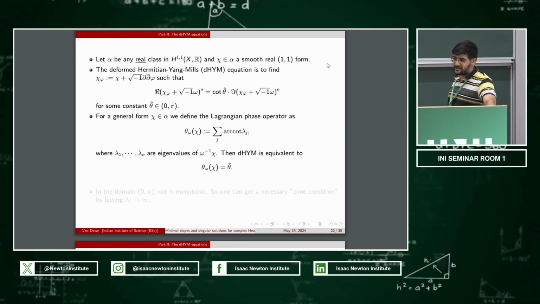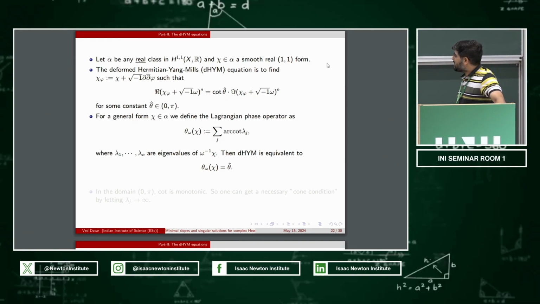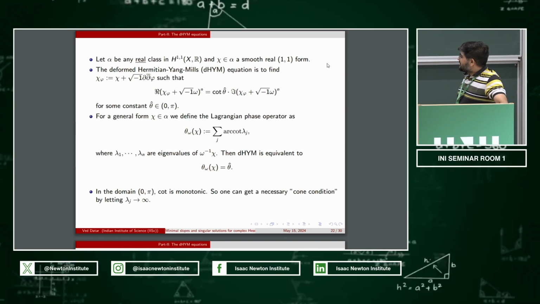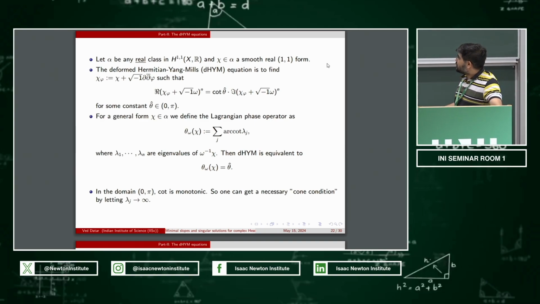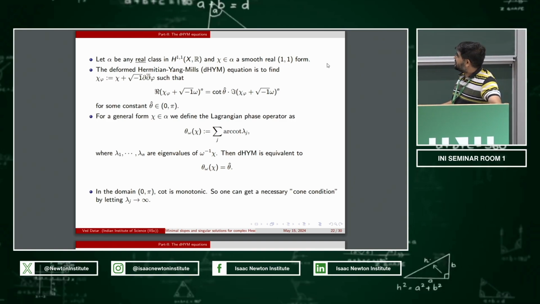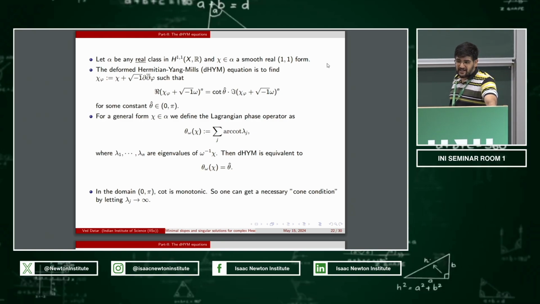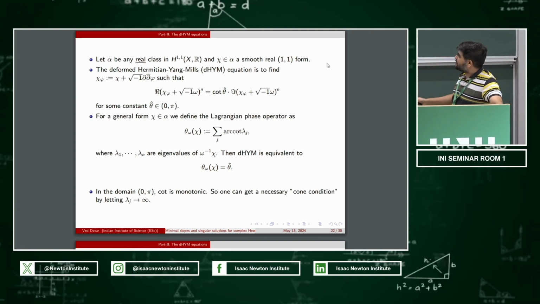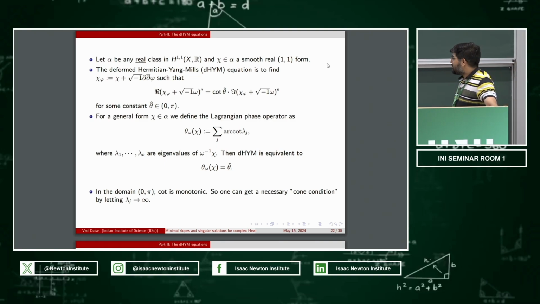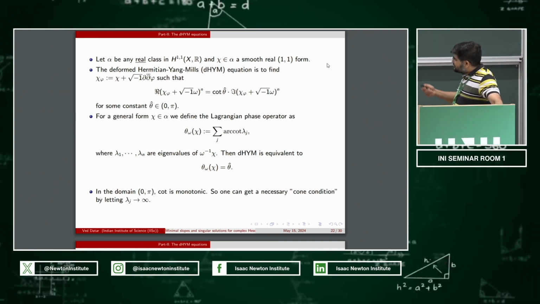My theta hat is always between 0 and pi, and the reason is that in 0 to pi, cotangent is monotonic. So one can now drop one of these arccotangents and again get something analogous to a cone condition. This is why the supercritical regime, where theta hat is between 0 and pi, plays an important role in this theory. Anyway, one gets a similar necessary cone condition.